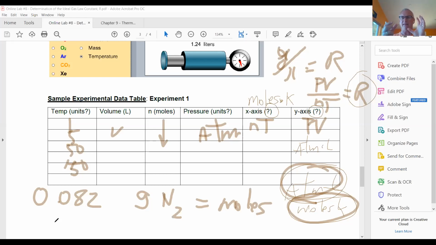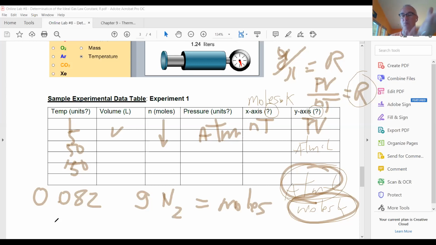And if you had to manipulate the data in order to get the graph, you have to show what the data manipulation is. So you can't just show temperature, volume, moles, and pressure, and then have some crazy graph that has all those things mixed together. You have to show what you did. So that's why I had x-axis, well, what is it?